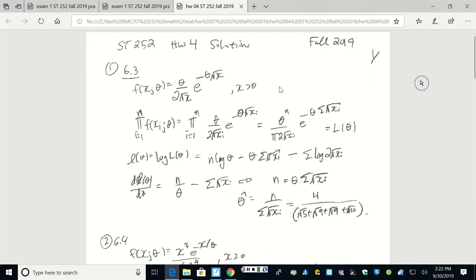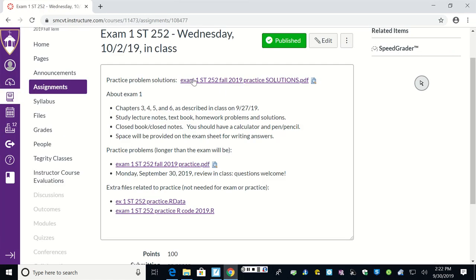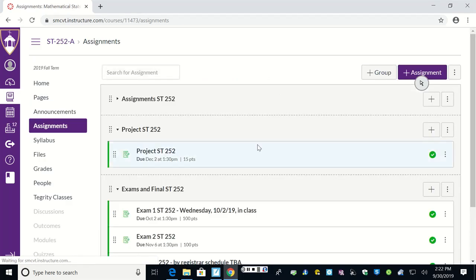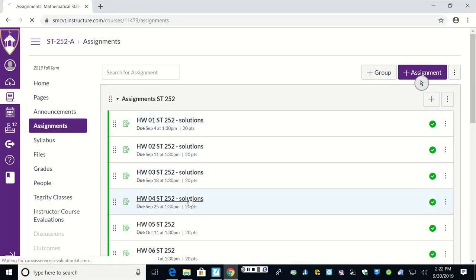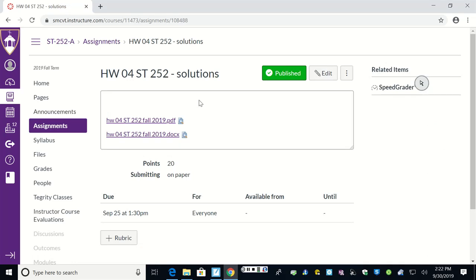Those aren't up right now. Like I have it open, they're not up. It's not on yours? No, the solutions. Oh. Let's see. Assignment. I didn't save it. Huh. It's not there.